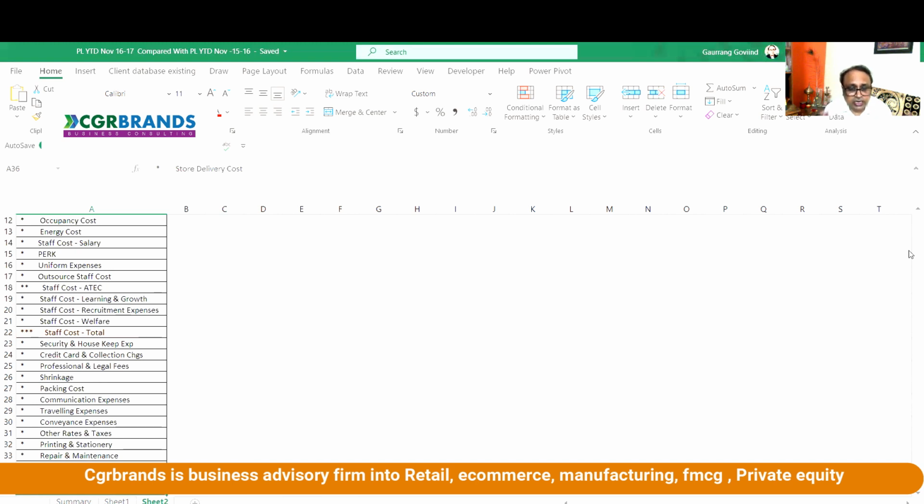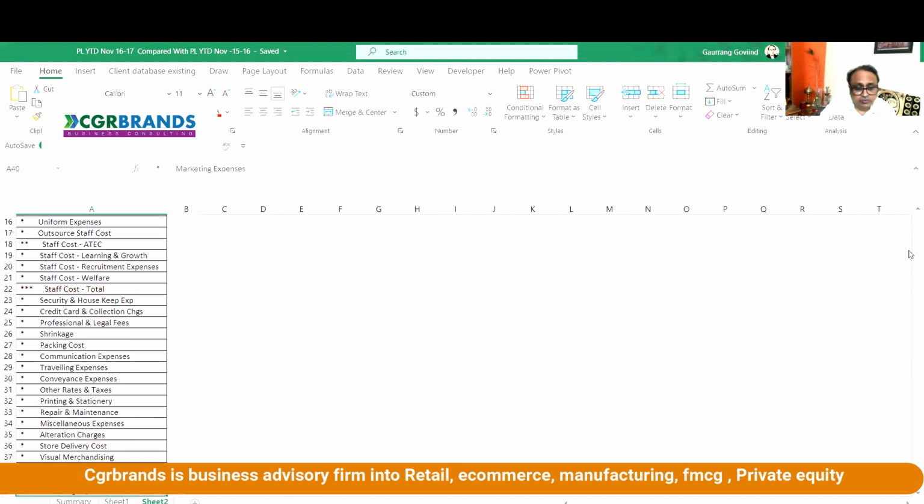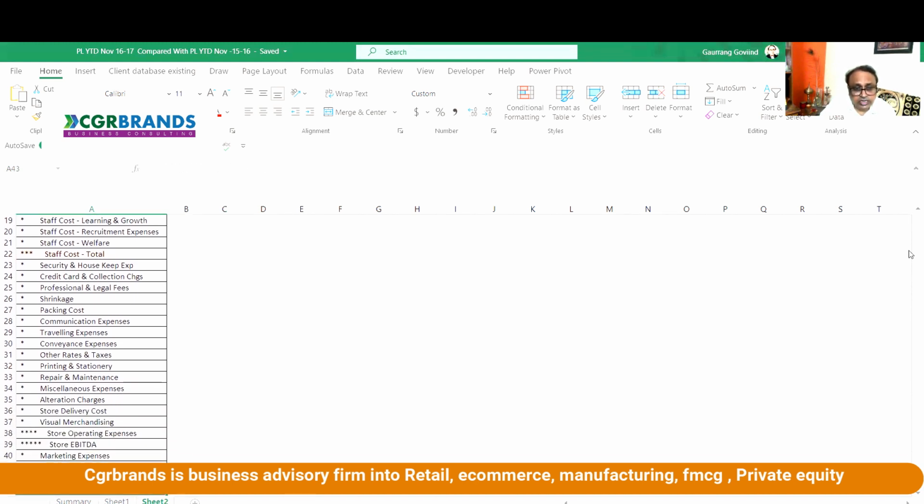Then professional and legal fees, which are basically meant for managing the various licenses of the store. Then shrinkage plays a very important role. Then you have packing cost, communication expenses, traveling expenses, conveyance expenses, other rates and taxes, printing and stationery, repair and maintenance, alteration charges for fashion store, visual merchandising cost.